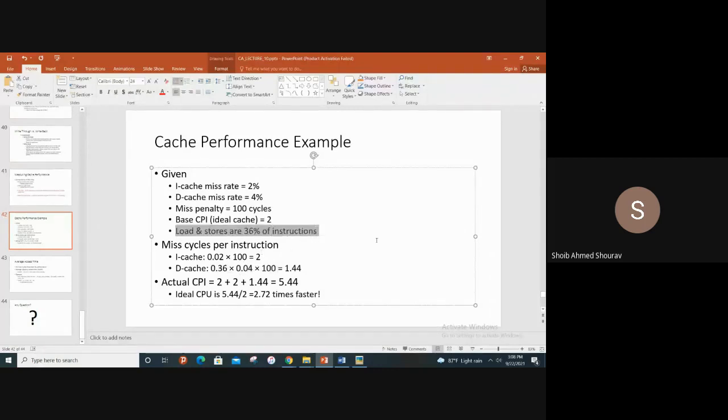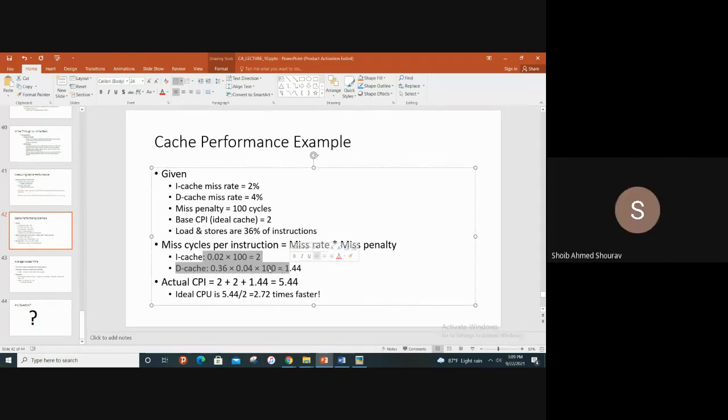Normally the formula is miss rate times miss penalty. The miss rate and miss penalty will be given in the question. Only for the data cache, if the load and store percentages are given, you multiply by that. So it is simple. Please respond.